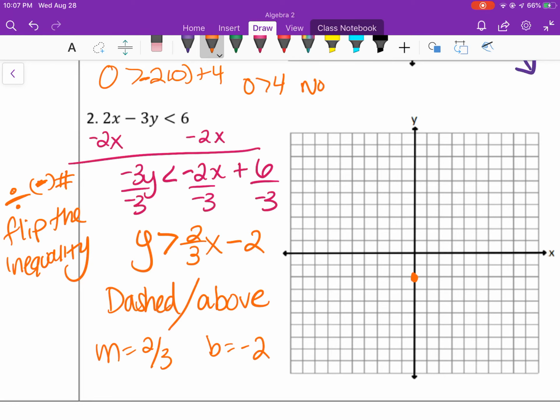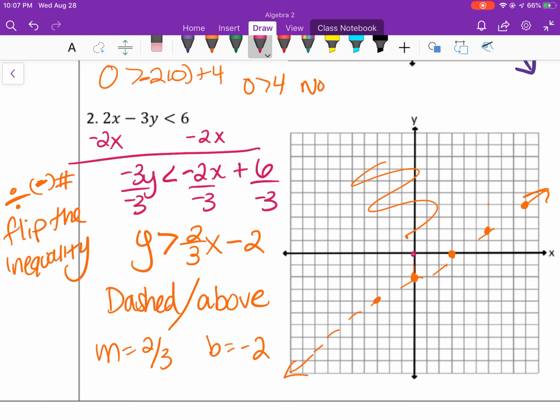So y-intercept of negative 2 and slope of 2/3. So I'm going to go up 2 over 3, up 2 to the right 3, up 2 to the right 3. Or I can go down 2 to the left 3, and then I wanted a dashed line.